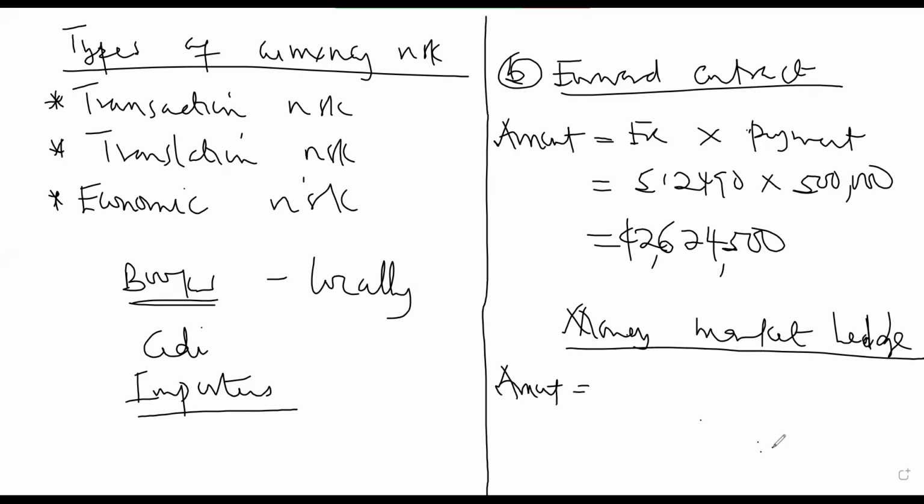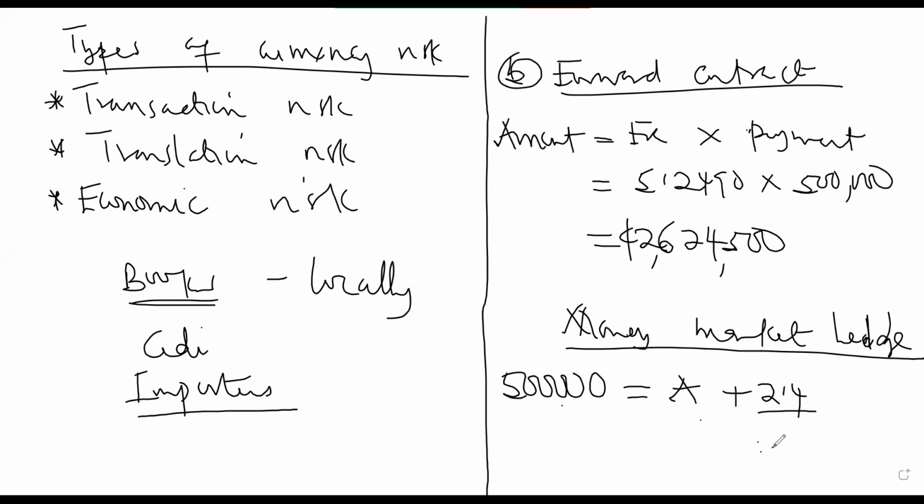For the money market hedge, you first have to know the amount that you'll be depositing so that at the end of 2 months, you'll have 500,000. So how do you find that particular 500,000? It will be calculated like this: equal to the amount plus 2.4 divided by 6, because it's 2 months.